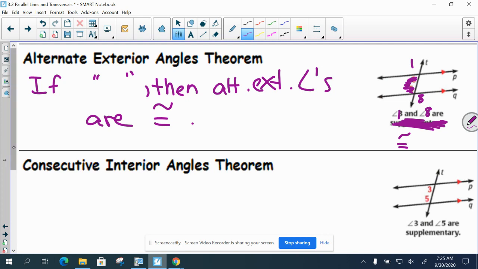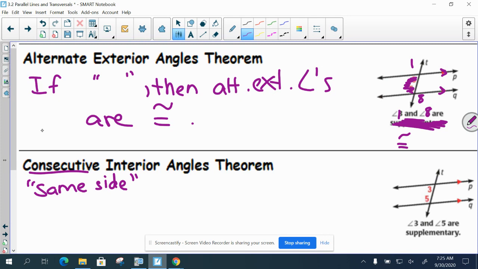And then for consecutive interior, which means same side, they lie on the same side and interior of the parallel lines. And notice that in all of these, the lines that are parallel are marked with an arrow. If they're not marked with an arrow, then you can't tell for sure that they're parallel. And if you don't know that they're parallel, then you can't say these things. You can only say that these angle pairs are congruent or supplementary if you know that the lines are parallel.